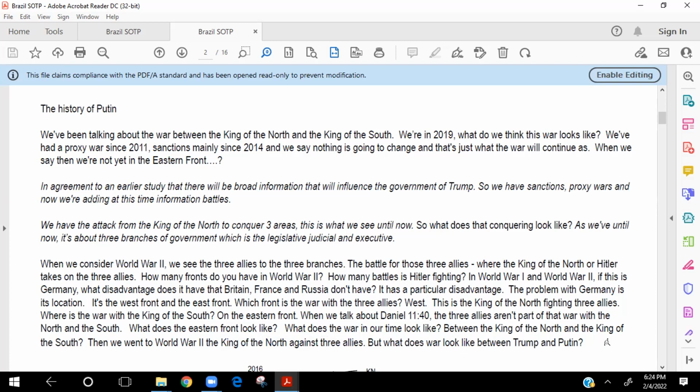So we have to keep this in mind because this is part of the war, the Eastern Front, the Western Front, and all that we've studied in the past about pirates. This is where we're going here, where she's going here with this study on Putin.